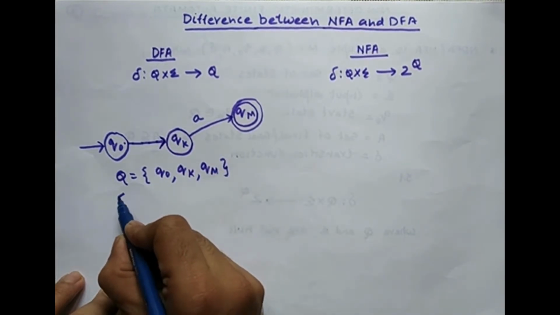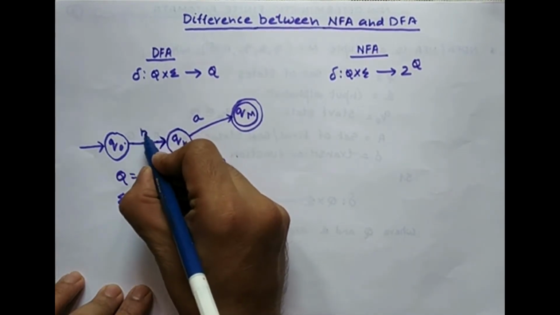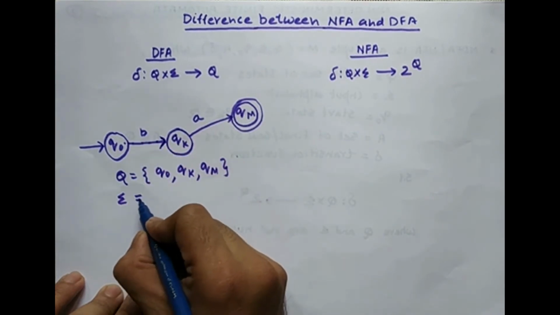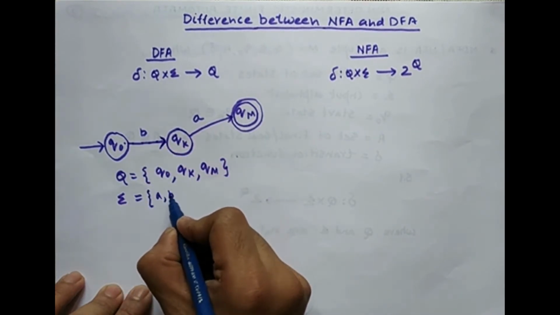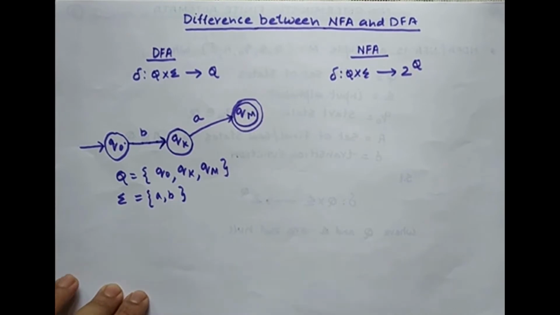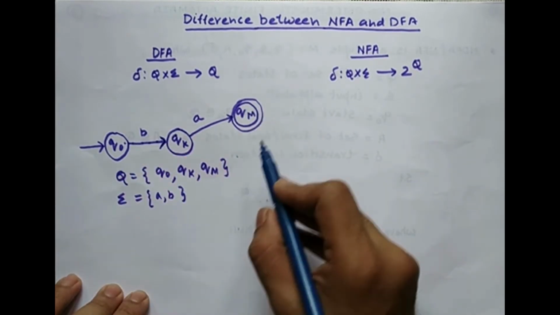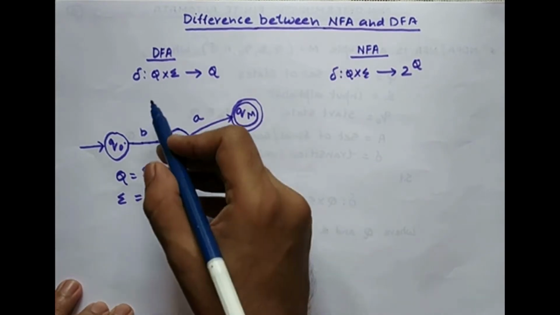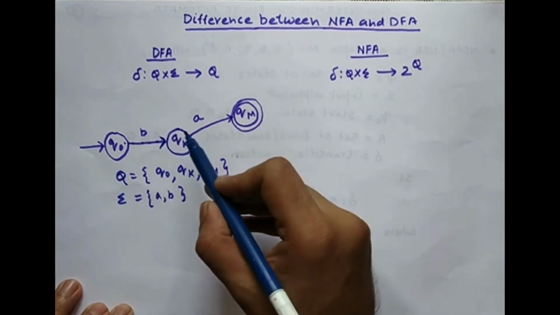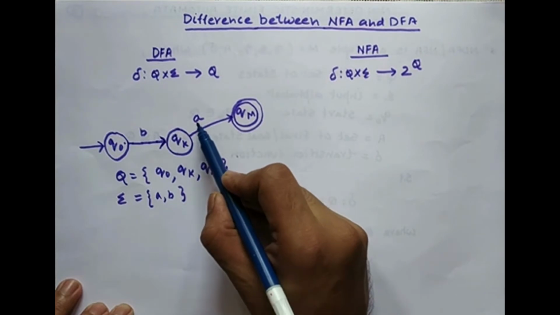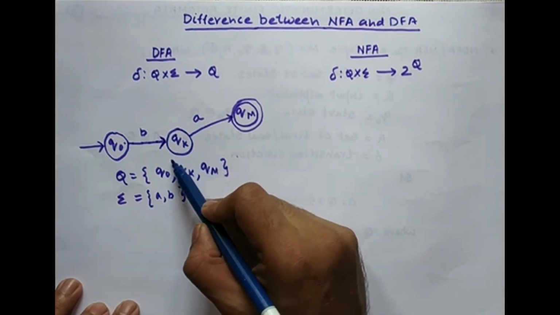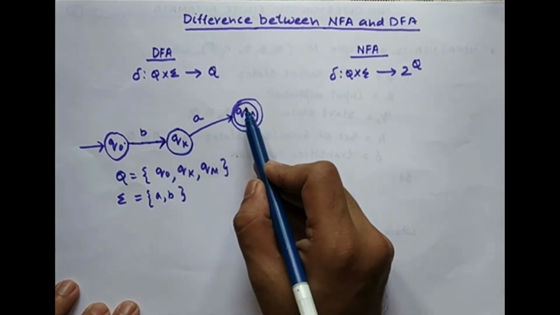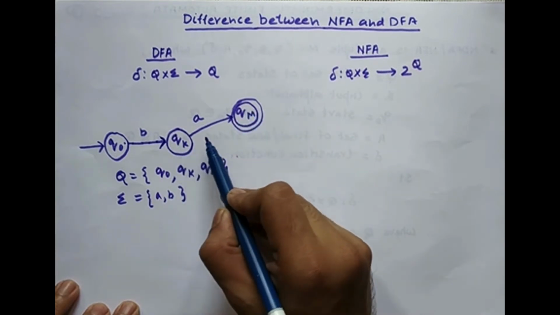What is the input alphabet? Suppose the input alphabet is a, b. So the automaton is called deterministic if from any state, on reading one particular input, it goes to exactly one other unique state and not more than one state.